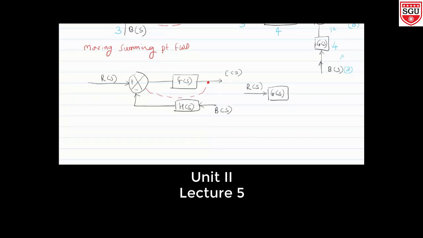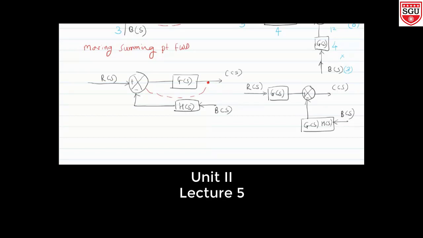Here G of S will be there. Then the summing point where we have shifted it. Then C of S, and we have to add here G of S, H of S, where the input given is B of S. If we adopt the system like that, you will get the same result.